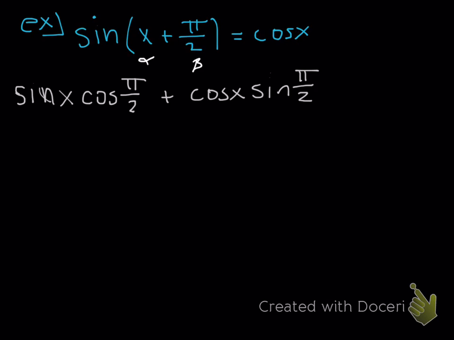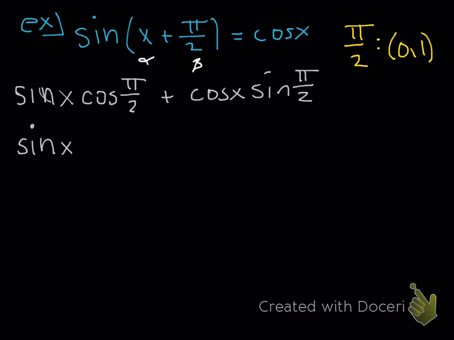And now because we have an actual angle, I'm going to be able to evaluate two of these. So to reference back to our unit circle, I know pi over 2 is going straight up, so the coordinate for that is 0, 1. So we're going to use that. Sine of x stays sine of x.